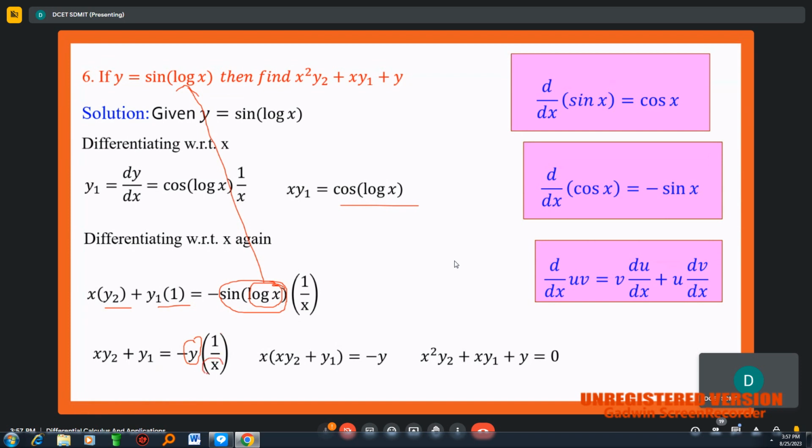Now again this x I will take to the left hand side, that becomes x into (x y2 plus y1). Now x is multiplying this term, what we are getting: x into x y2 is x square y2 plus x into y1 is x y1. This minus y term, when I bring it to the left hand side, becomes plus y, equal to 0. Now what is the value of this equation? The value of this equation is 0.